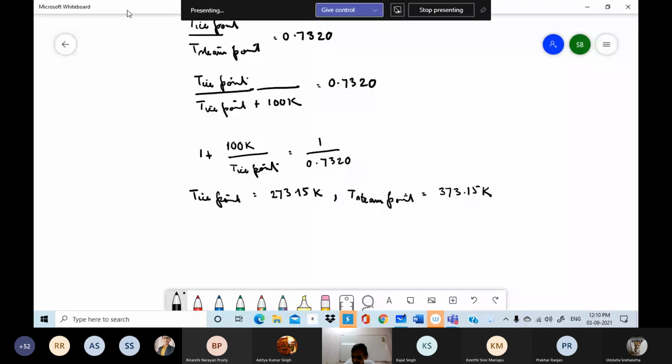So the first question was, what would be the syllabus? I had told you that whatever I teach till today will be the syllabus. Now I have started teaching the second law of thermodynamics. So what is the portion of the second law which would be included?